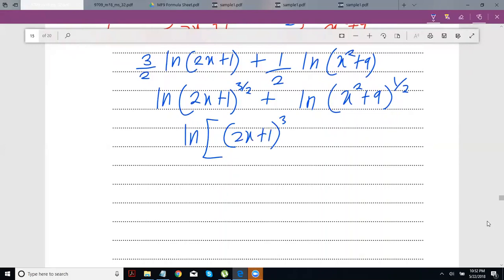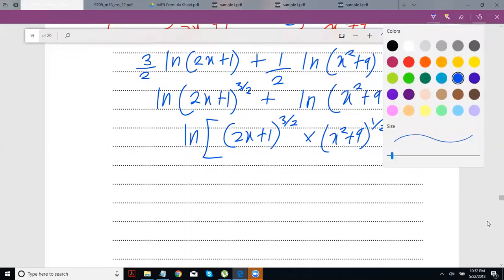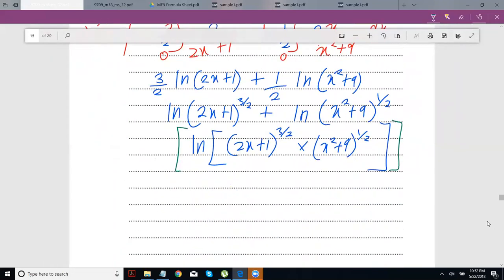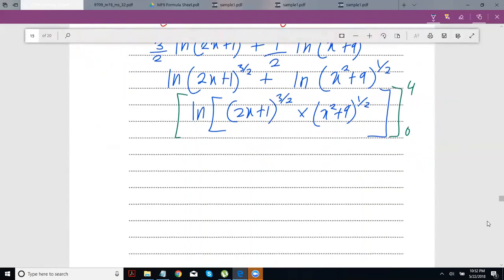We've learned that. But the internal brackets, not the ln, just the internal bracket. So x squared plus 9. And the reason I'm doing so is because now it becomes much easier for me to apply limits. I had to apply limits to this, for 0 to 4. Becomes much easier.